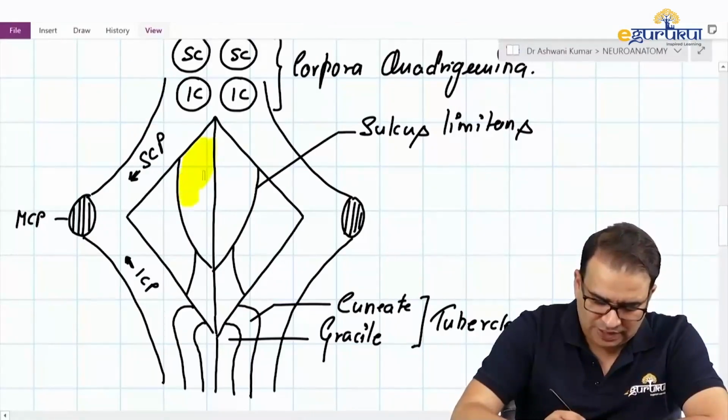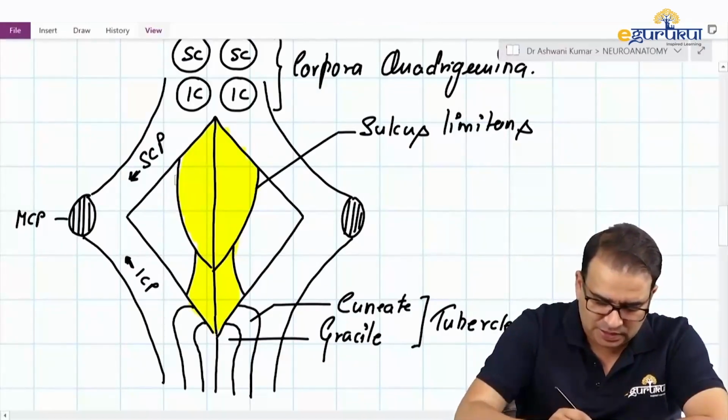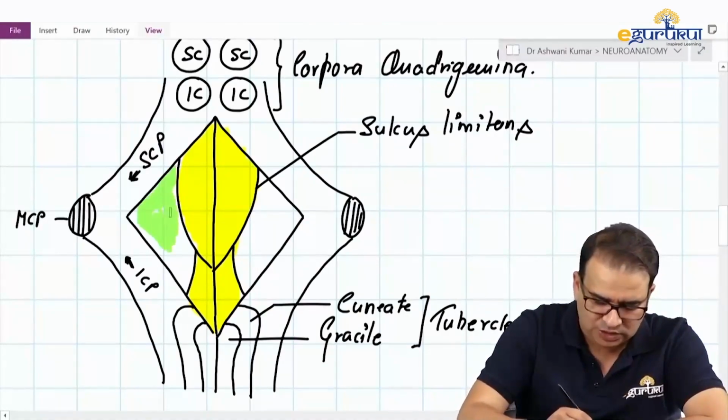And therefore everything that you see medial to the sulcus limitans is made up of basal plate. We got to have motor nuclei in this region here. We will be having motor nuclei present deep to this part. And sensory nuclei will be present lateral to the sulcus limitans here.